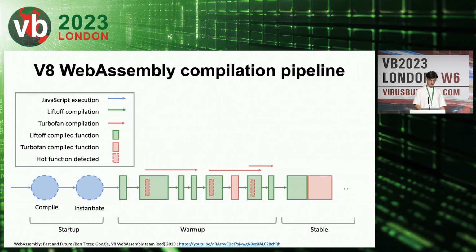We have the startup phase, where compilation and instantiation happen, and then we have the warm-up. At this time, V8 uses two different compilers for WebAssembly. The first one is Liftoff, which is the baseline compiler, and the other one is Turbofan, which is the JIT compiler.